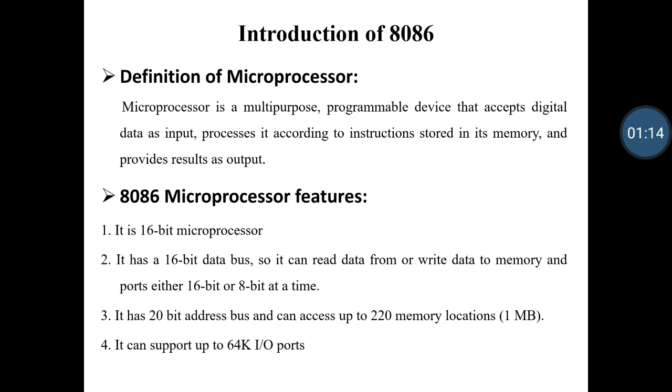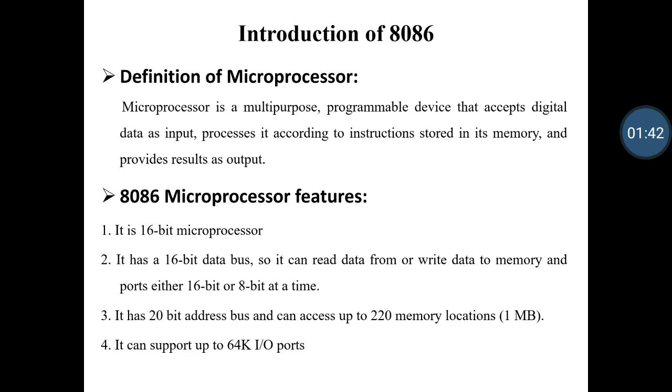This is the definition of a microprocessor. So I will repeat: a microprocessor is a multi-purpose programmable device that accepts digital data as input, processes it according to instructions stored in its memory, and provides the result as output. Now the features of the microprocessor.